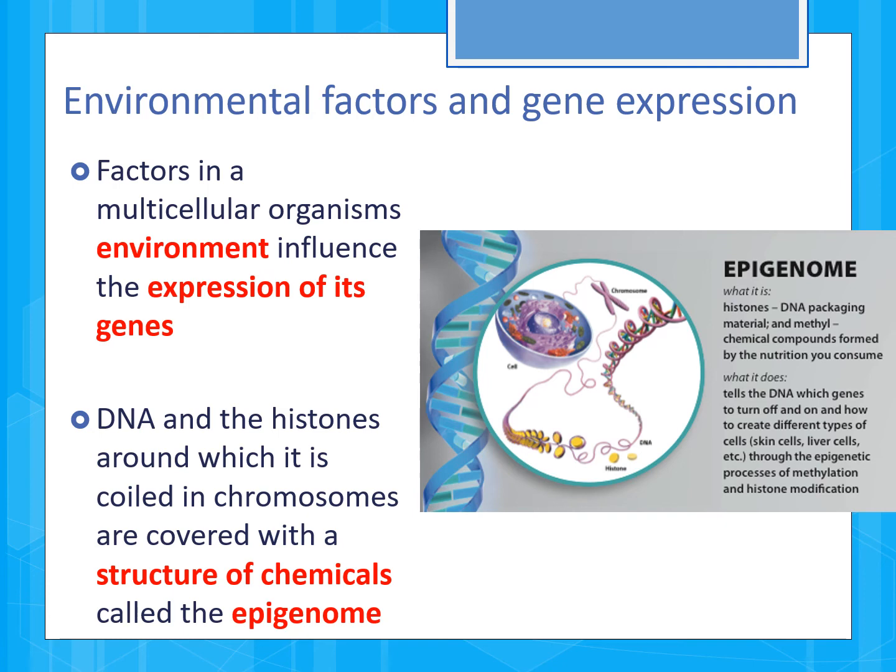Okay, and as we understand more about the epigenome, it's explaining more about why you can have two individuals who are genetically identical, but you can get differences in gene expression, and so it's to do with these chemical modifications of the DNA and the histones called the epigenome.